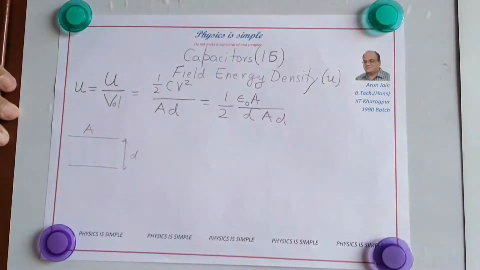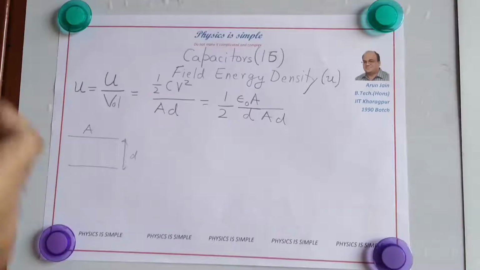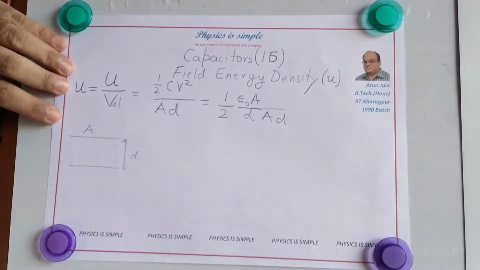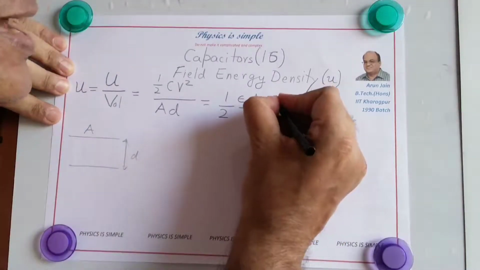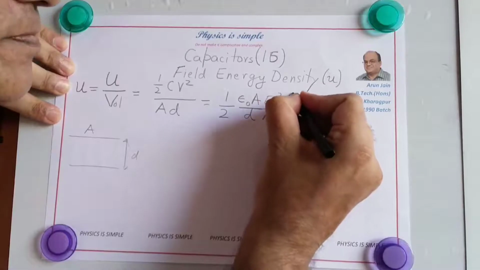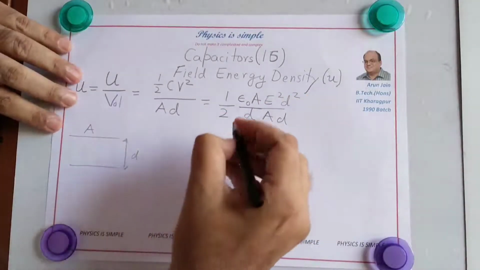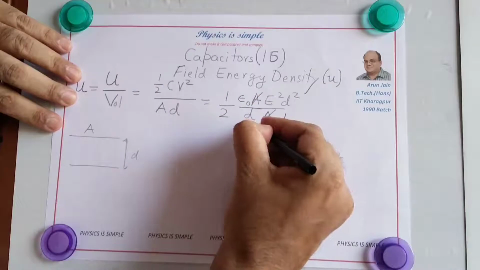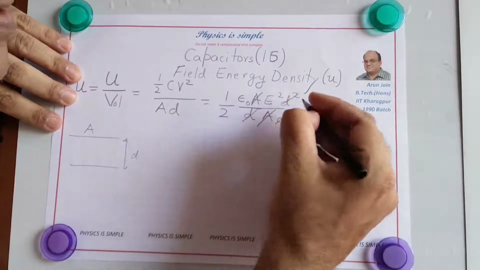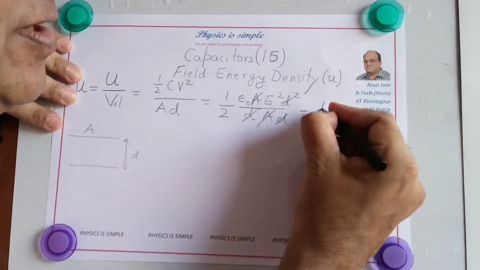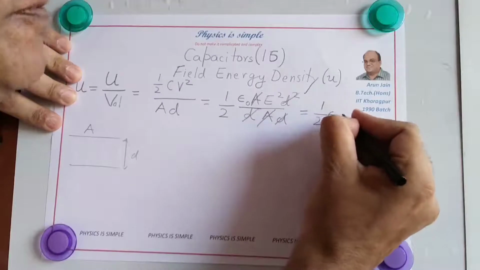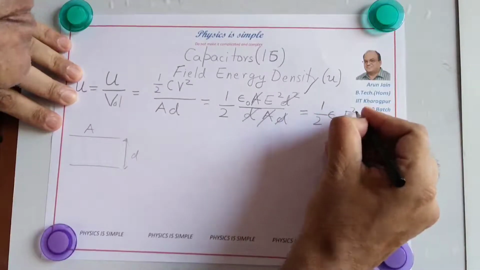V squared. The potential difference is E into D because E is uniform here. So we'll get E squared D squared. So now this A cancels, this D squared cancels, and this gives us the formula half epsilon naught E squared.